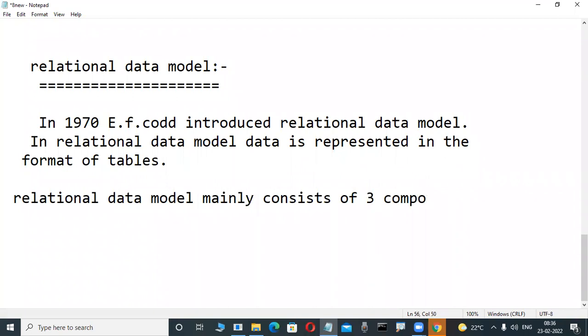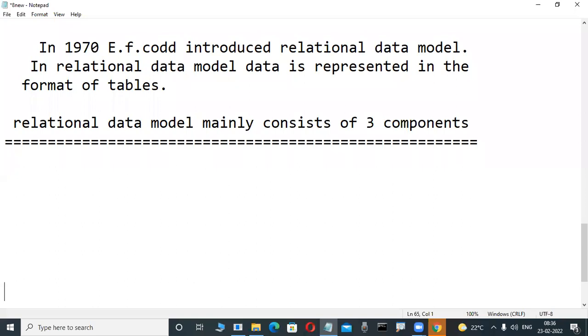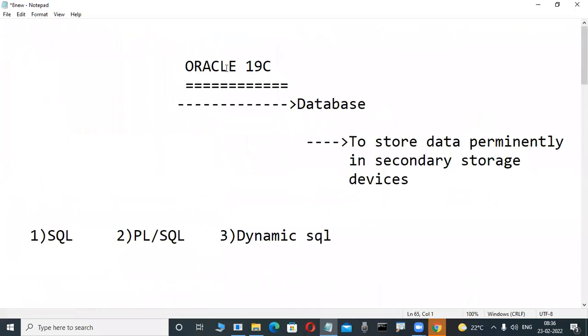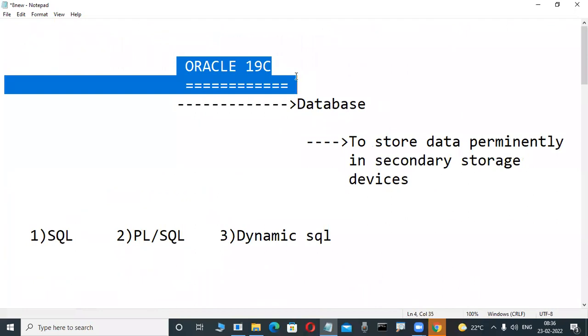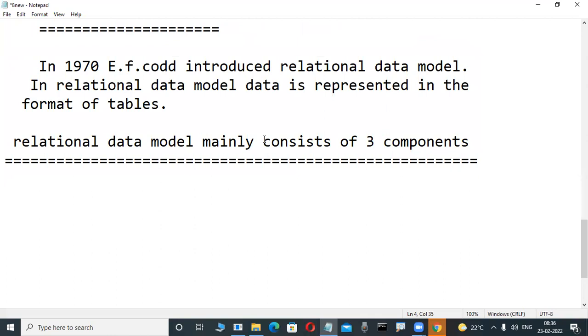If you have an idea of these three components, you can handle this type of database software in a very easy way. The relational data model is a concept, and these products are implemented based on that concept. Don't worry, we will learn those concepts too. But how many components does a relational data model mainly consist of? Three components.